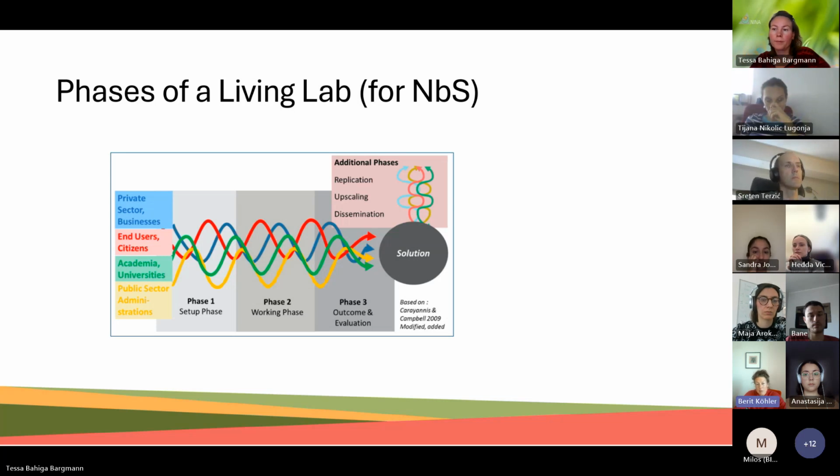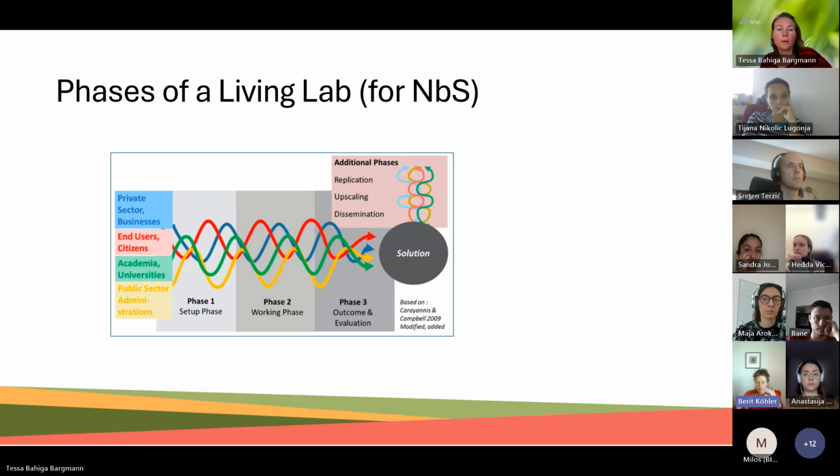And if one wants to think beyond the actual project, then also in a dissemination and upscaling and replication phase, as I said in the beginning. These would be additional phases, but would be great to keep these in mind.